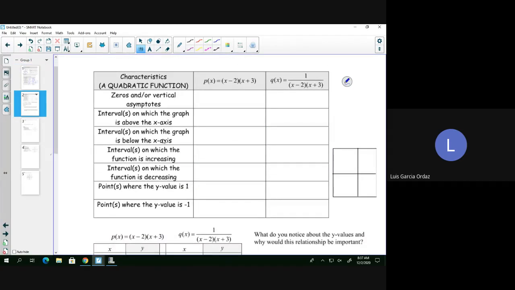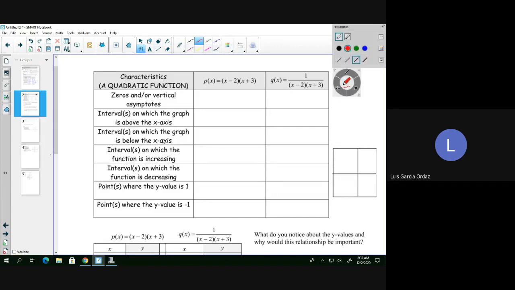Okay, so now we're going to get into something with more things going on in the graph. We have our parent function, p of x is equal to (x minus 2) times (x plus 3). And the reciprocal is q of x is 1 over (x minus 2)(x plus 3).